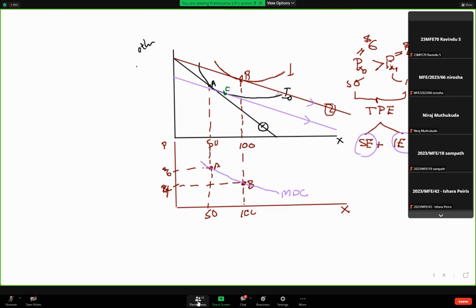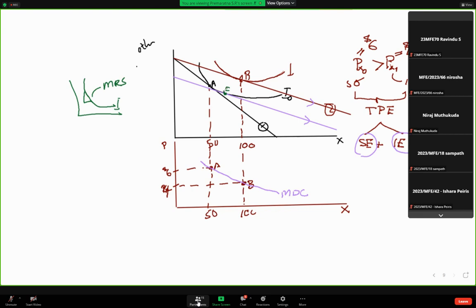Now we remember the indifference curve. If you draw like this, the slope of the indifference curve, or movement along the indifference curve, is about the substitution. Here the slope is the MRS, marginal rate of substitution. So you can see A to C is about substitution, a move along the same indifference curve.